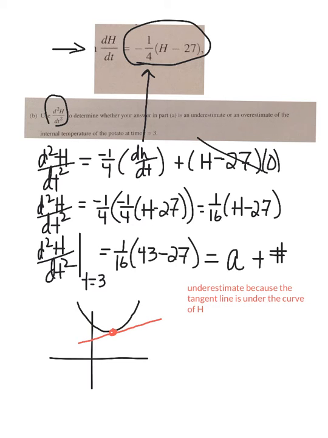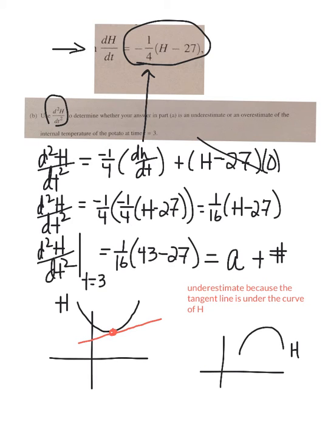Okay, and then let me just reiterate here. This is the curve of h. Now, this is the answer, but I just want to show you, for example, let's just say in our second derivative here, what if we had gotten a negative number? Just to show you real quickly how that would work, if we had gotten a negative number, our picture for h would have been concave down.